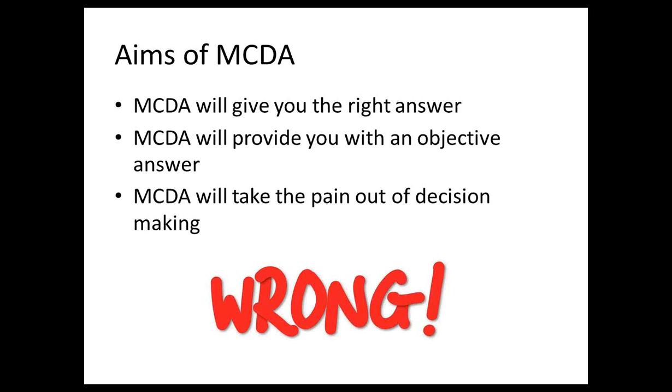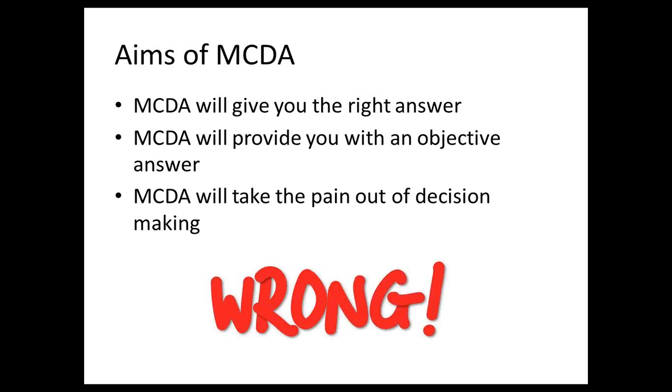Then will MCDA provide you with an objective answer and take all subjectivity out of the decision? No, it will not, because subjectivity is inherent to decision making, and subjectivity remains, for instance, in the choice of the decision criteria that you're going to consider, but also in the structuring of the decision problem, and, for instance, in the weights that you assign to the different criteria.